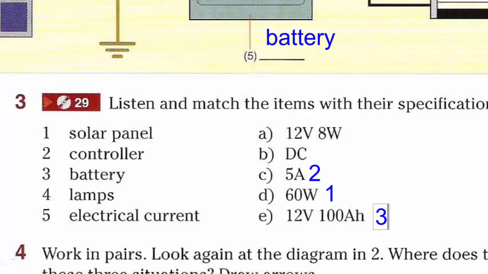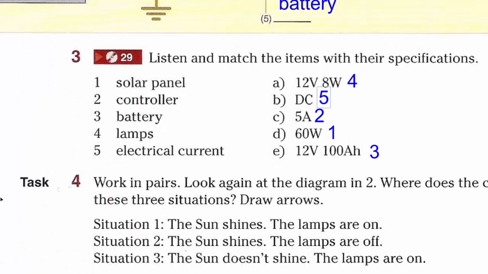And 3 12-volt 8-watt lamps. 3 lamps. Excuse me, what kind of electrical current is it? It's a direct current, DC. Is that clear now? Direct current. The electrical current is direct current, DC.